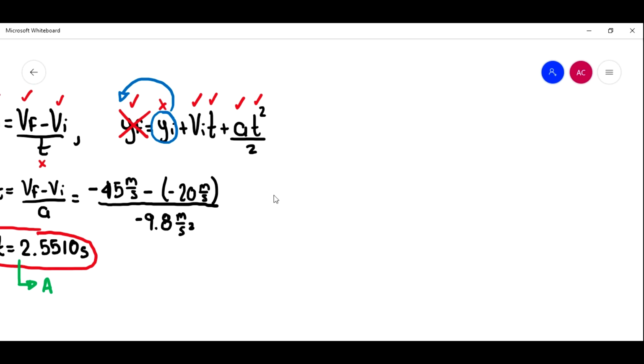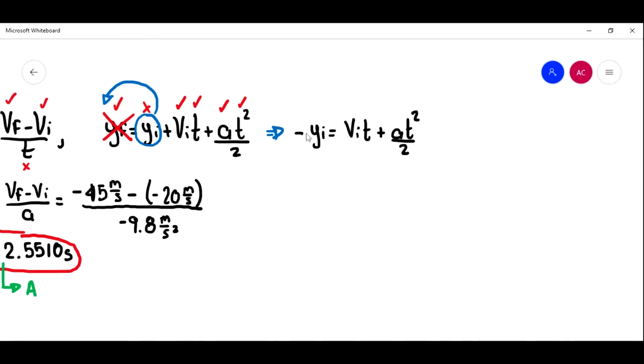So it's going to be something like this: minus initial position equals initial velocity that multiplies the time plus acceleration that multiplies the time square over 2. And this is the equation that I'm going to use.